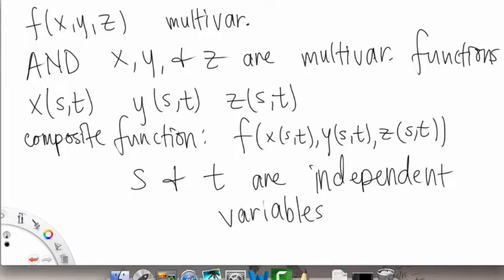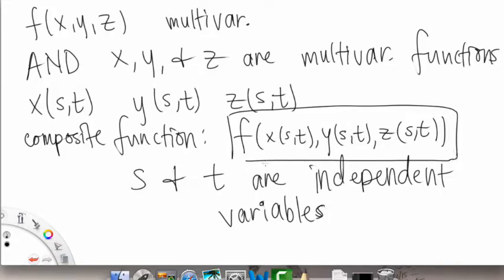With this version of the chain rule, we're going to figure out how to differentiate this. I'll write it on the next slide. We're starting with our composite function, which looks a little more monstrous now that we added in that s.